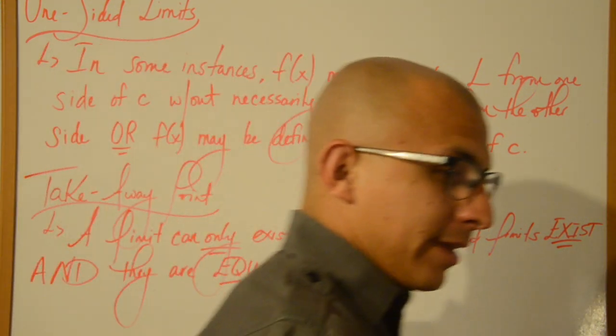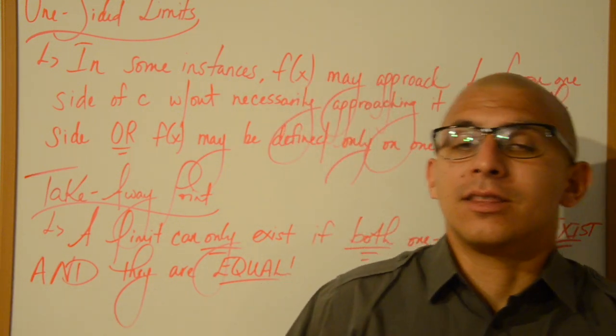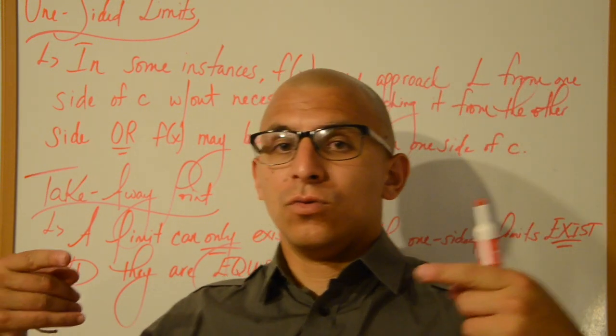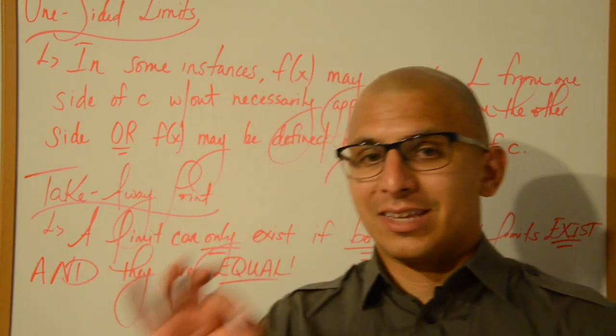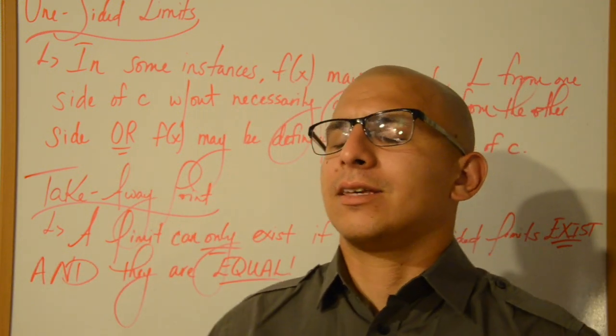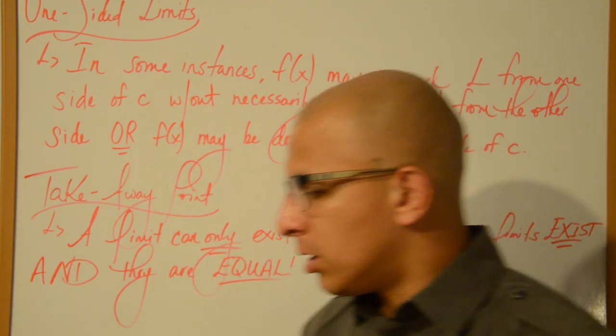So we can say that yes, the limit exists from the right, and yes, the limit exists from the left. But if those two values, or the behavior of the function, does not converge to the same precise value, we can't say that the limit actually exists at that value.